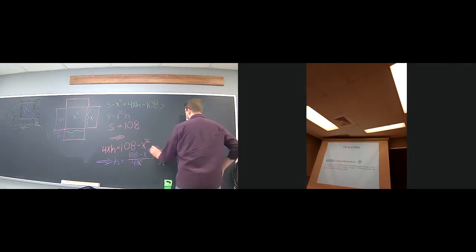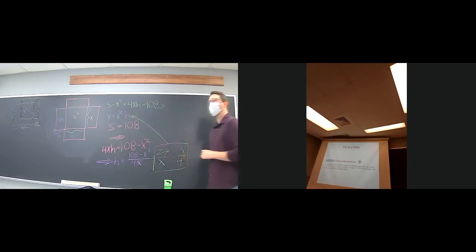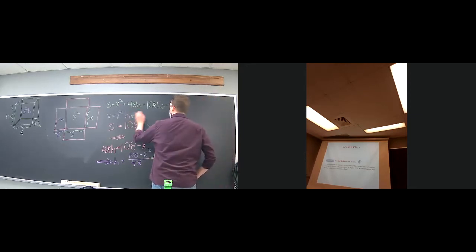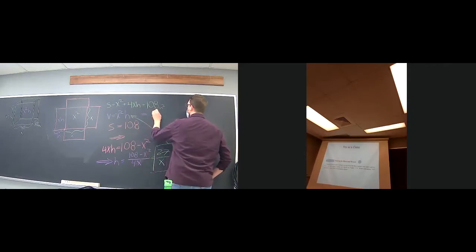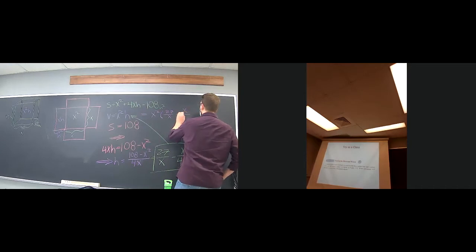Now, we're going to take this and plug it into that. Is everybody cool with this? When we do that, we're going to get x squared times 27 over x minus x over 4.